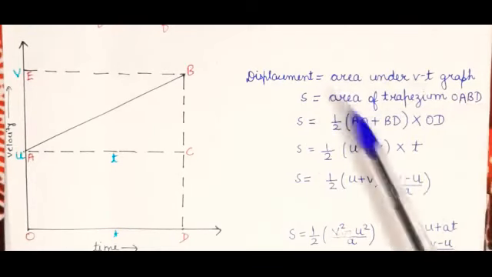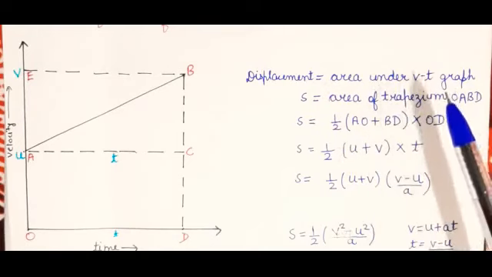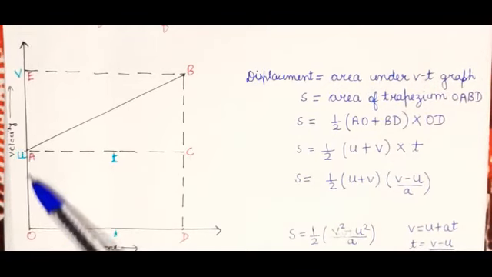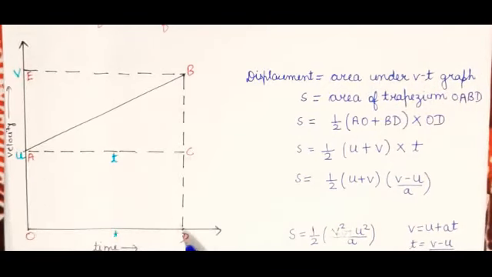Now what is the formula for calculating the area of a trapezium? Half into sum of parallel sides into height. So these are the parallel sides OA and BD, and the line joining these two sides gives the height, that is OD. So half into AO plus BD into OD.